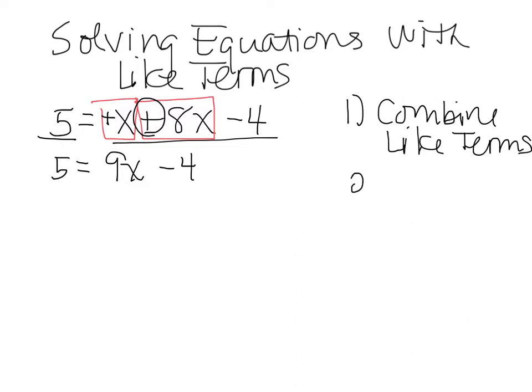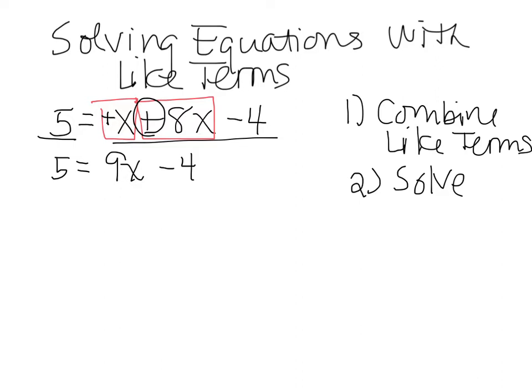Now, this is what we've already done before, so rather than write down all the steps, I'm just going to say solve. Hopefully you know that in a two-step equation, in other words, when there's more than one thing we have to get rid of to isolate x, we're going to do the additions and subtractions first, and then the multiplications or divisions.